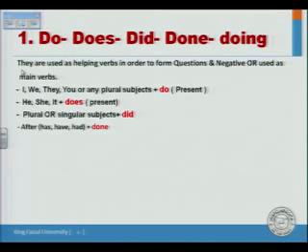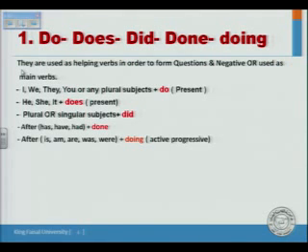Let's say that after has, have, and had, we can't use do or did. We use done. This is the third form of the verb in the perfect form. So after has or have or had, the form of the verb do becomes done.